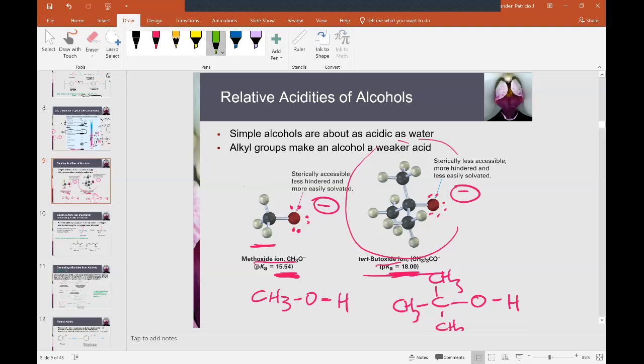The electron density of the carbon atom attached to the oxygen is not as high as it is in the case of the tert-butoxide. In tert-butoxide, we have three methyl groups, and all of them are electron donors. That's why the electron density will be higher, and that will destabilize the level of energy of the tert-butoxide.